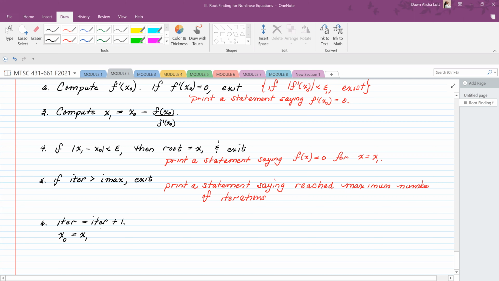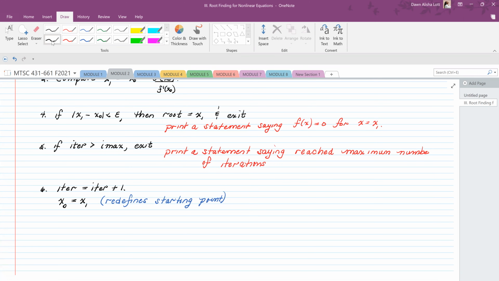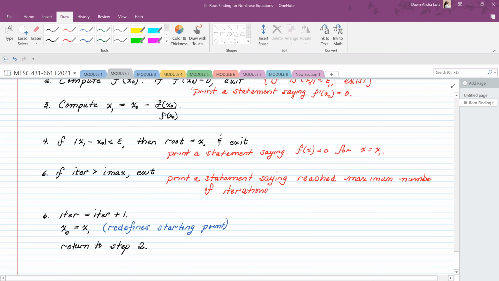So now this redefines our starting point. And then basically we'll return to step 2. So that is the whole algorithm.